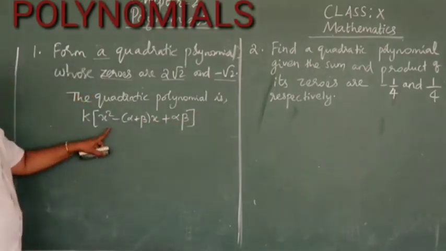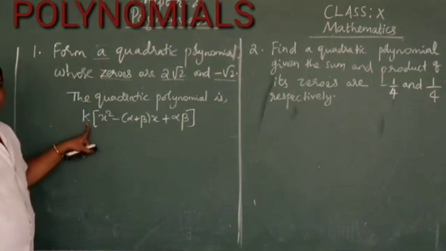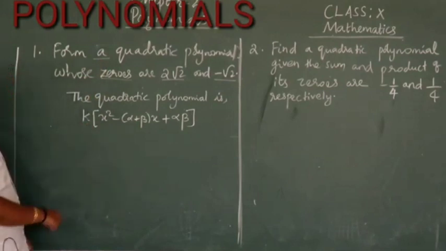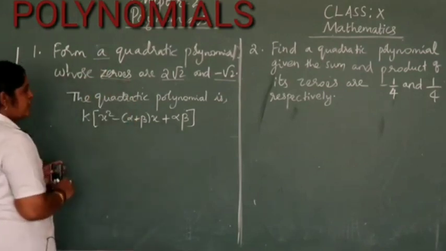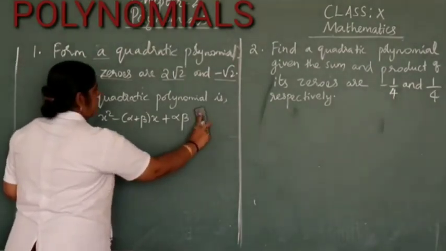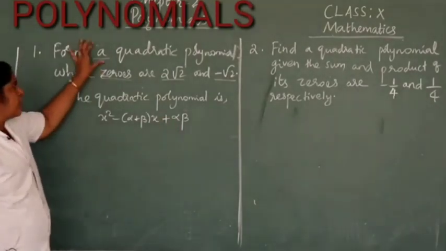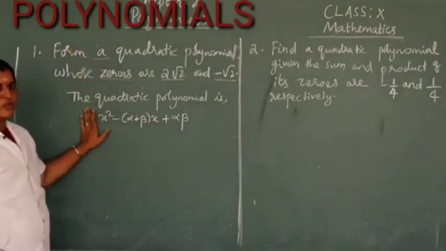Because in this question only one polynomial is asked, we need not consider this k, and so our quadratic polynomial for this question becomes x square minus alpha plus beta into x plus alpha beta, so no need of assuming k.